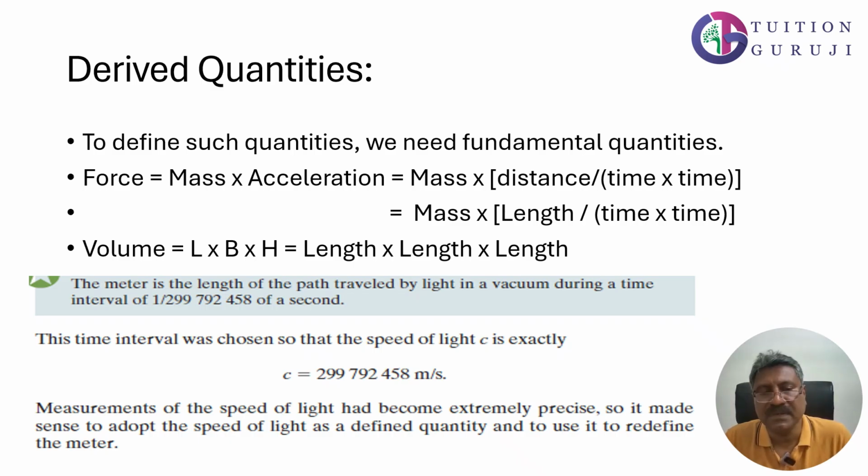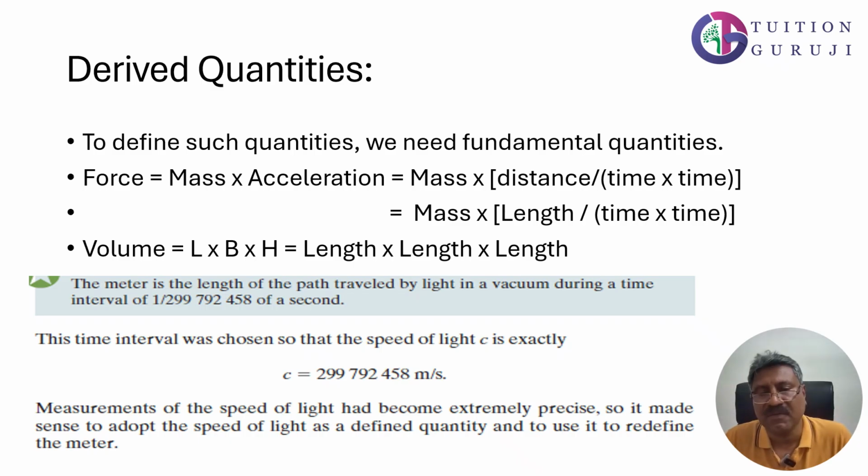We take the meter as the length of the path traveled by light in vacuum during a time interval of 1 by 299,792,458 of a second, or you can say 1 by 3 into 10 raised to 8 of a second.